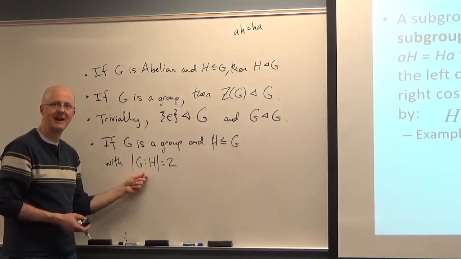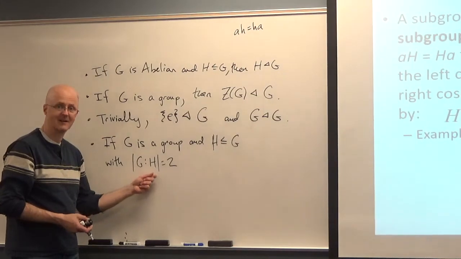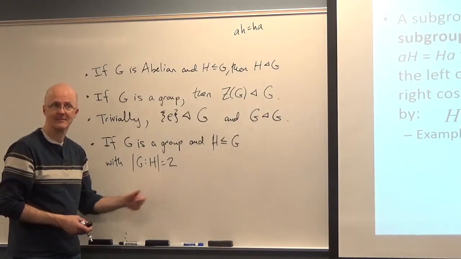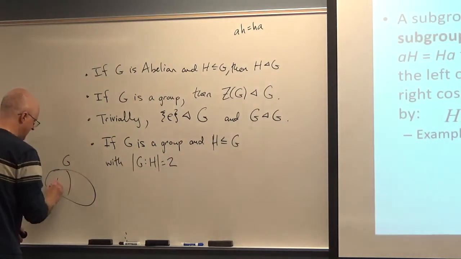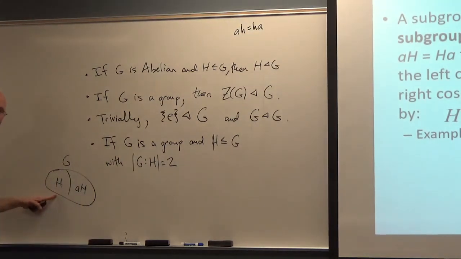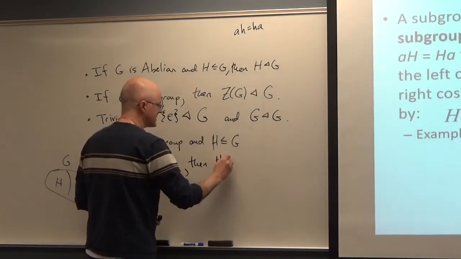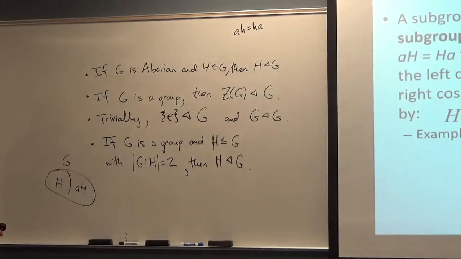The index was defined to be the number of left cosets of H in G. If there's only two distinct ones, visualize it like that, say. If there's only two distinct left cosets, also two distinct right cosets, then H is going to be normal in G. That's worth knowing. And after this chapter, you may use it whenever you might need it.